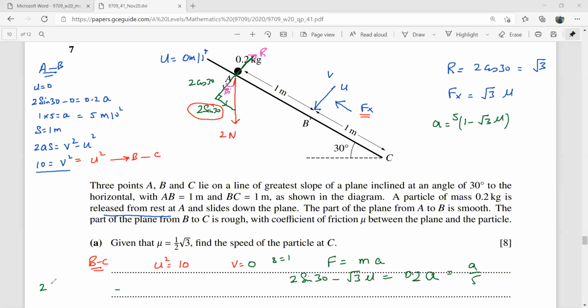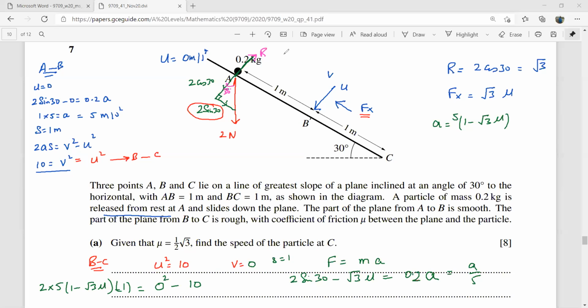So 2 into 5, 1 minus under root 3 mu, into the distance which is 1, that is final speed 0 minus u square, that is going to be 10, right?